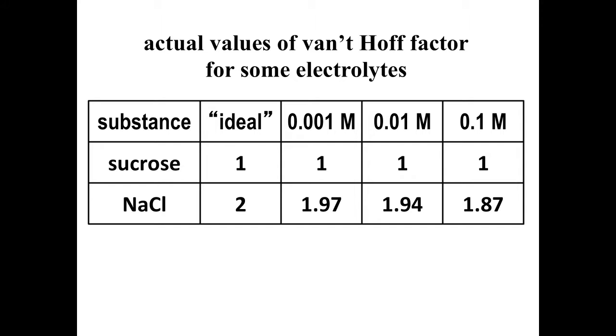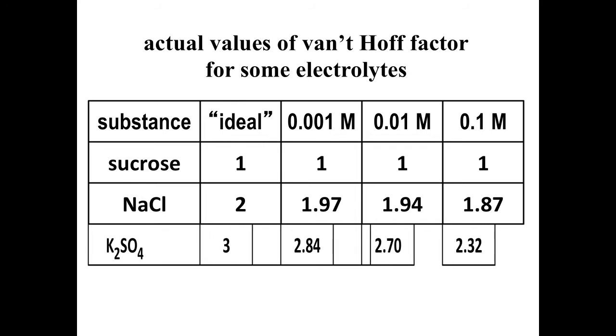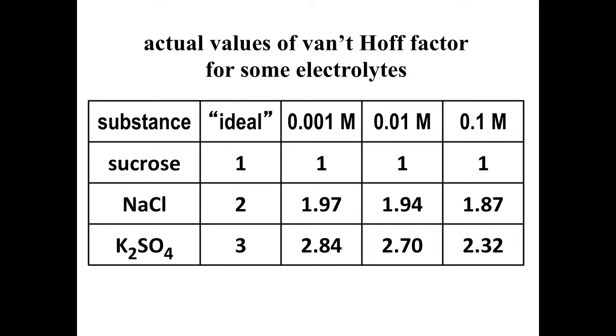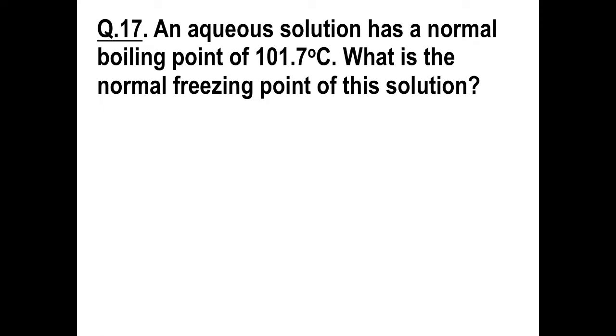And this is called ion pairing, and so actual Van 't Hoff factors are typically somewhat less than the ideal, and significantly less the more the concentration goes up. So K₂SO₄, ideally 3 for its Van 't Hoff factor, but you can see as the concentration increases, the Van 't Hoff factor becomes progressively less than 3, and that's just worth noting.